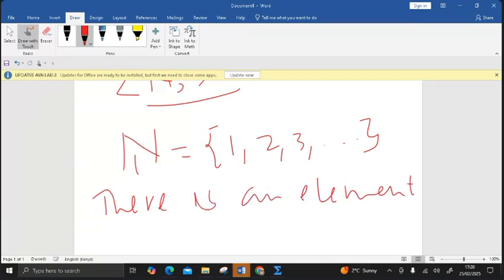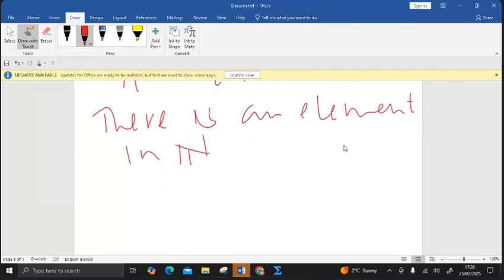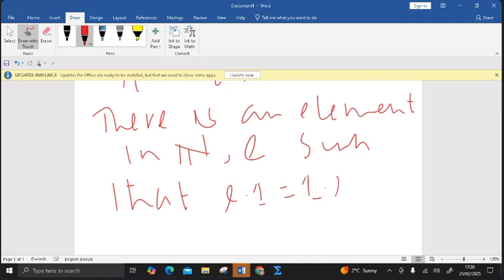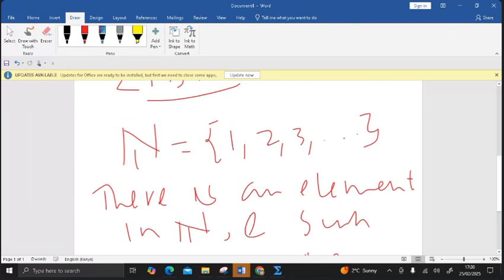There is an element in the set of natural numbers such that, let's call this number E, such that E multiplied by 1, or 1 multiplied by E... no, not 1, sorry. What am I talking about here?